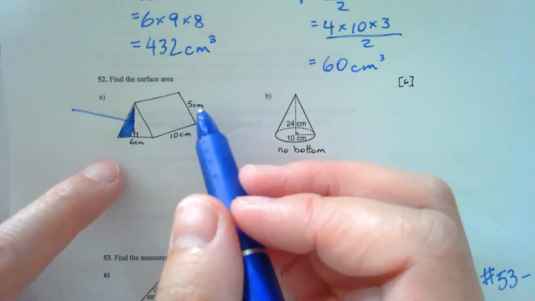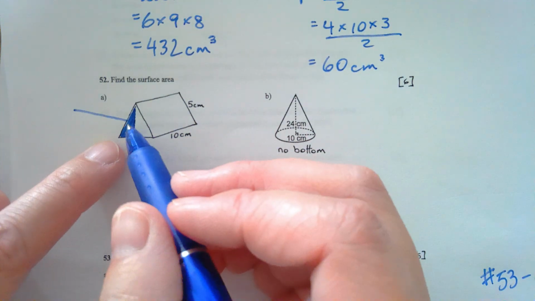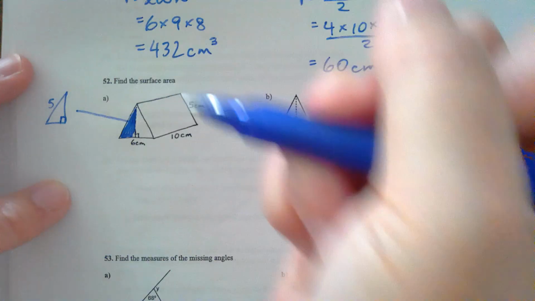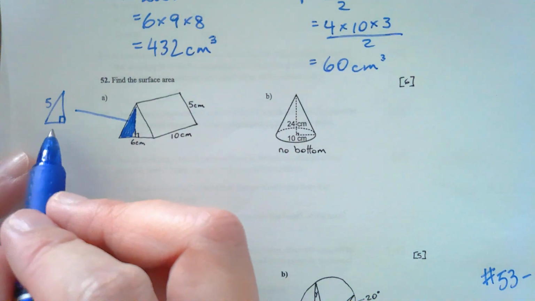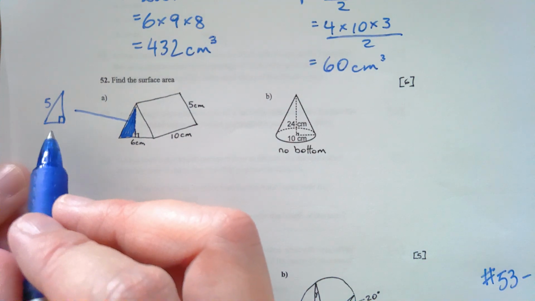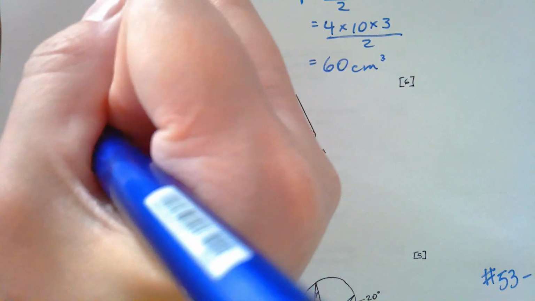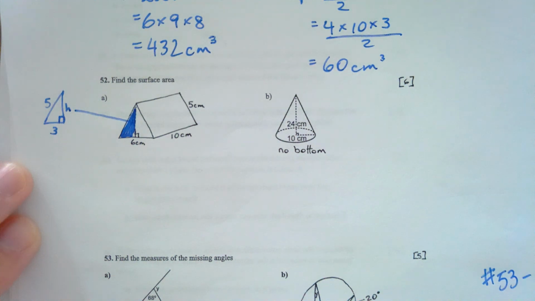I know that the diagonal here is 5. So this is 5. What is the bottom? 3. Good job. That's the height of the triangle.